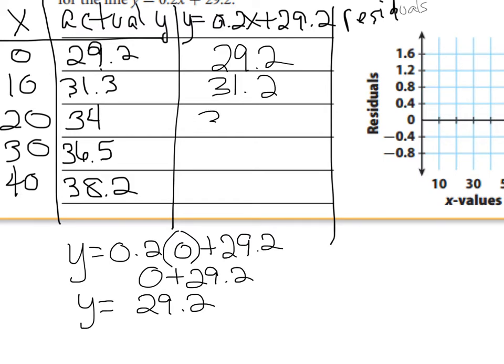The next one was 33.2, whoops, sorry, nope, sorry. This one would be 35.2, and then 37.2.